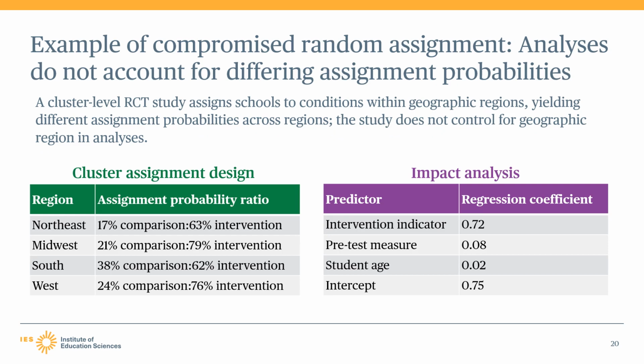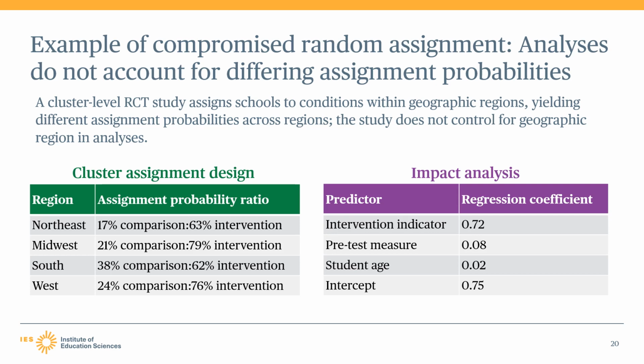Recall that an RCT is compromised if the units are randomly assigned to the study conditions with different assignment probabilities, but the findings are based on an analysis that does not account for those different assignment probabilities. For example, consider a cluster-level RCT that assigns schools to the intervention and comparison conditions within blocks of geographic regions.